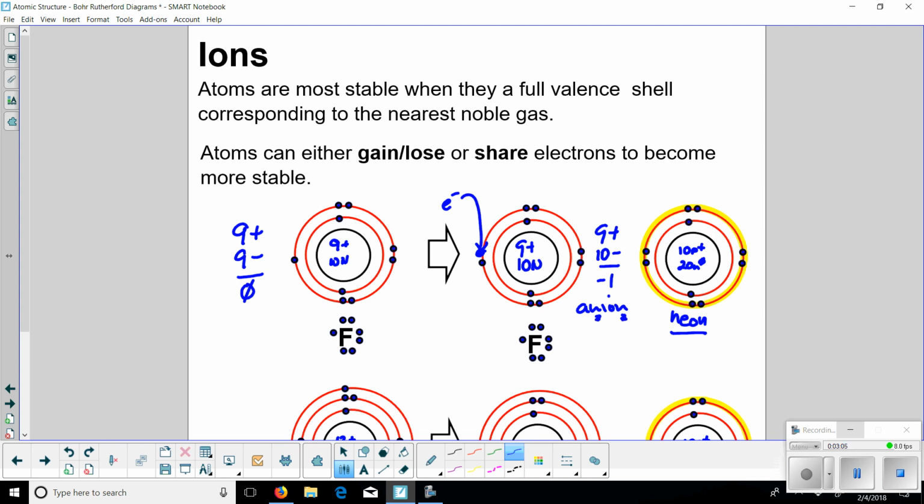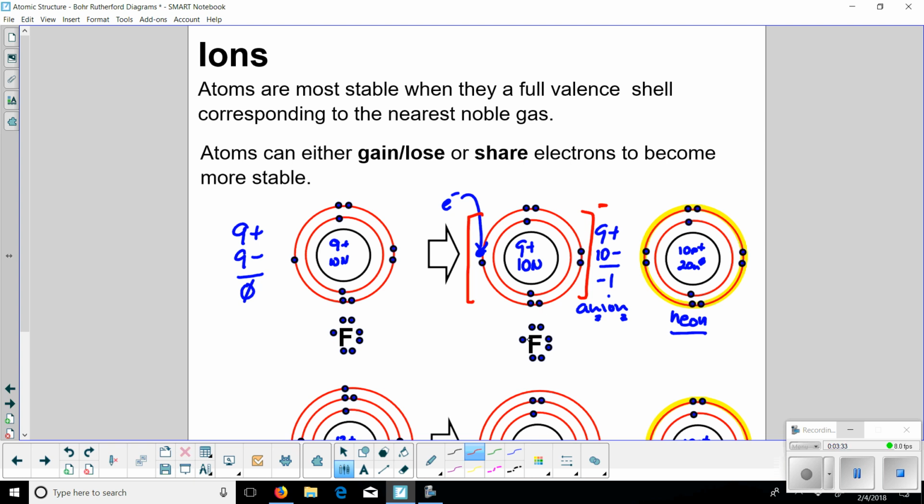Now to indicate that this atom is an ion, you have to put square brackets around it and indicate the charge. Because we picked up 1 extra electron, we have an extra charge of 1 negative. There we go. So you can draw a Bohr-Rutherford diagram to show the common ion for fluorine, having a charge of -1.